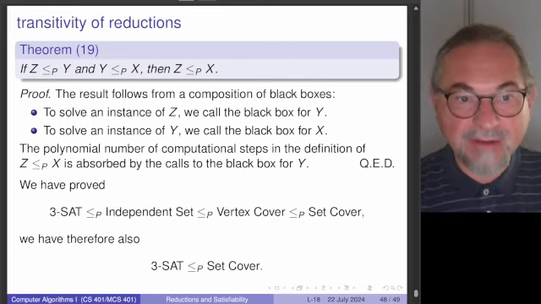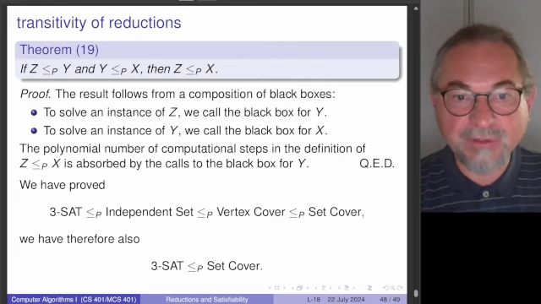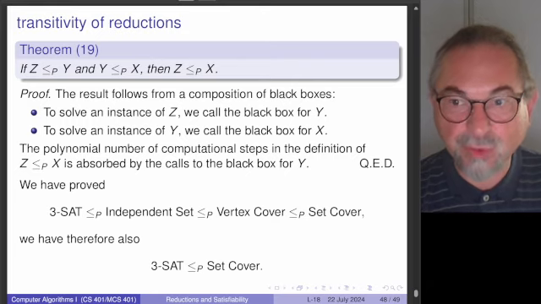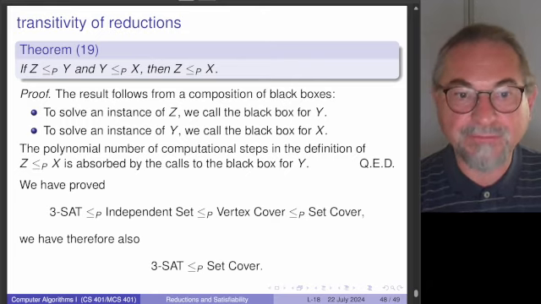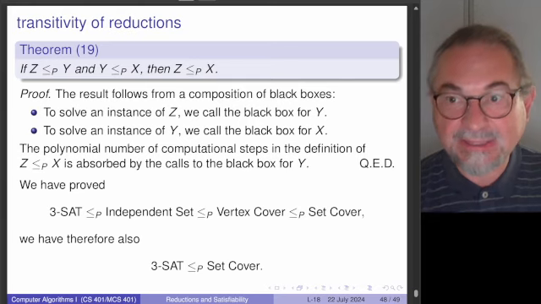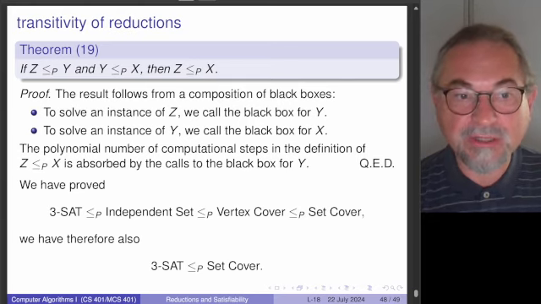Okay, why is this relevant? Because we have already showed that the vertex cover reduces to set cover. That's a more general problem, so that was in the first set. Independent set reduces to vertex cover.